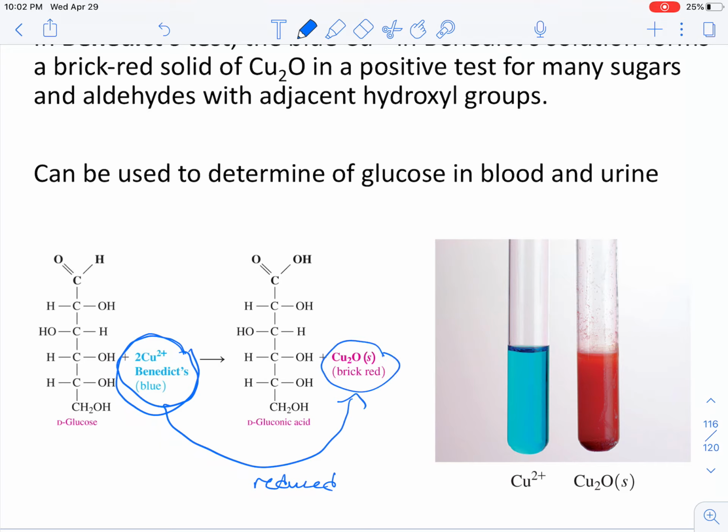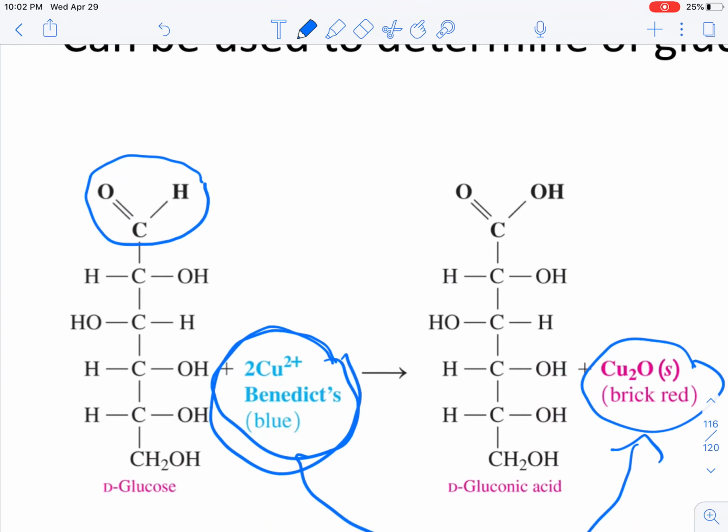So if we were to do this in lab, we can describe a positive or negative result based on the color that we observe. And this is typically applied for carbohydrates. There's a class of carbohydrates that has aldehydes, and there's a class of carbohydrates that has ketones.